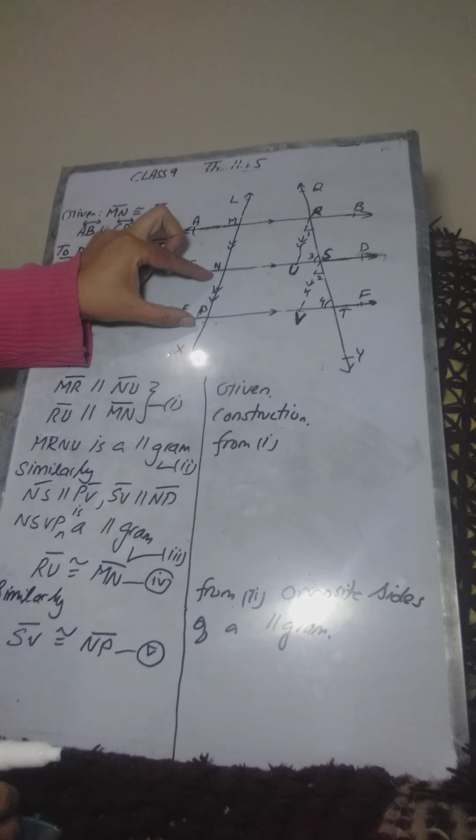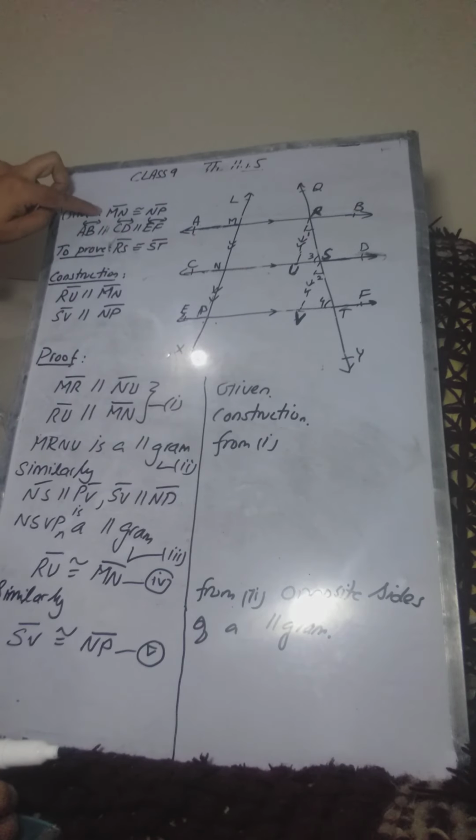This was given to us. Therefore, RU will be congruent to SV, because MN is congruent to RU and NP is congruent to SV.